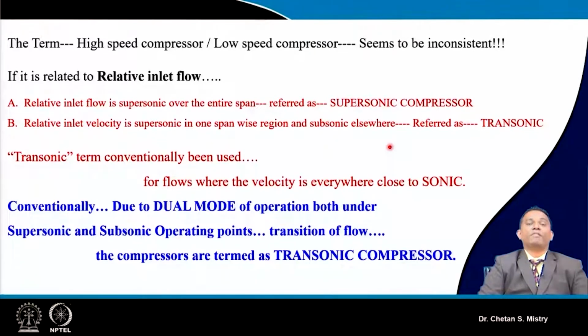We have a transition of flow happening within the blade passage, and that's the reason we define these compressors as transonic compressors. As we move ahead, we will discuss what we mean by the transition of flow from subsonic to supersonic or supersonic to subsonic. But at this moment, understand that we have dual modes of operation, subsonic to supersonic or supersonic to subsonic within the blade passage or along the span, and that's why we define this as a transonic compressor.